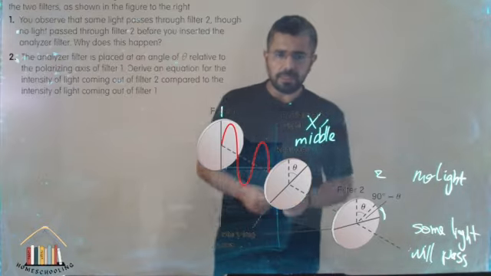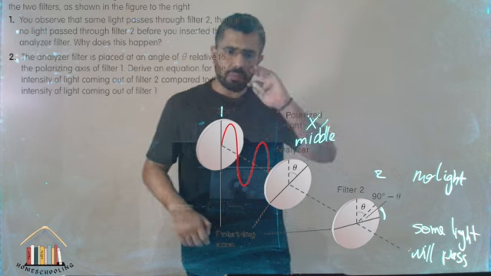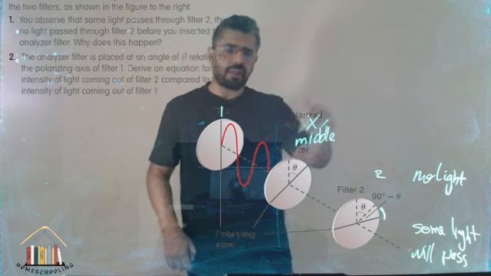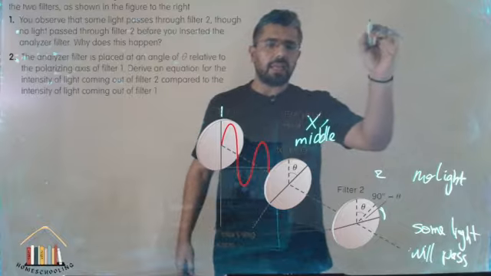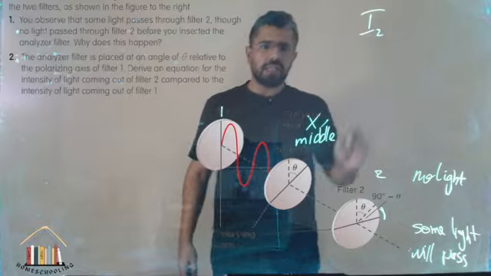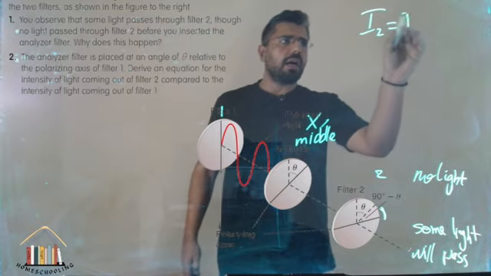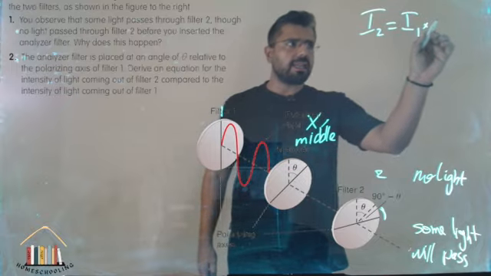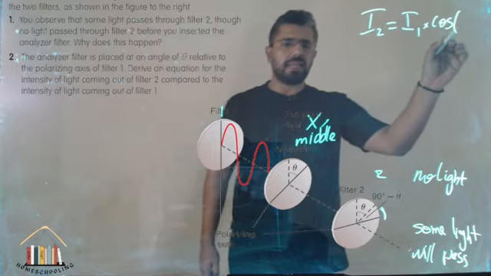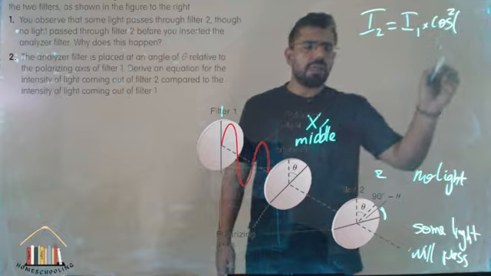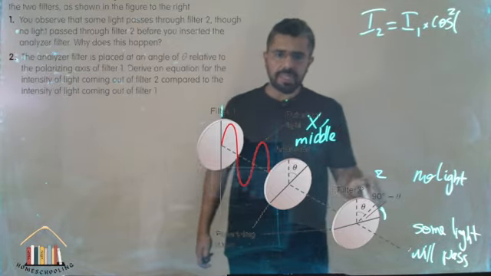Let's write the equation of Malus. Remember, we have multiple polarizers here, so the intensity of the light coming out of the second polarizer is I1 multiplied by cosine of the angle squared. But what's the angle here?